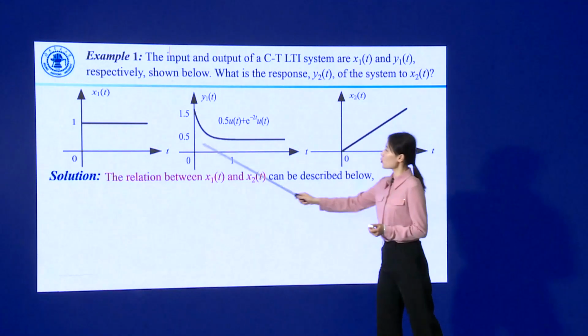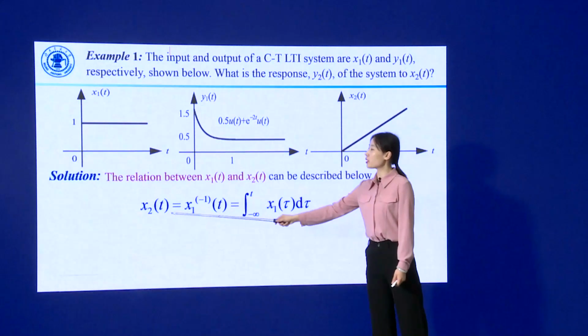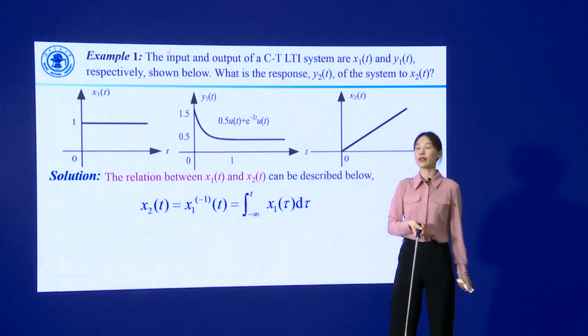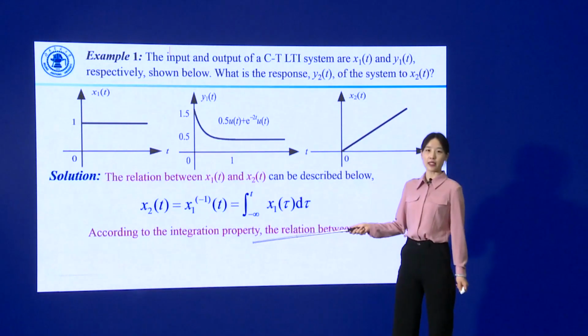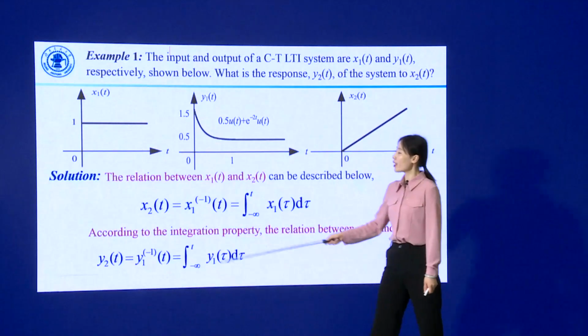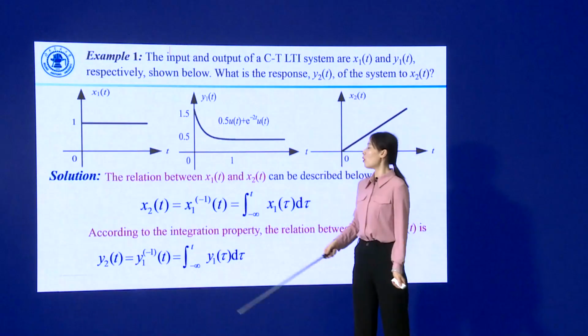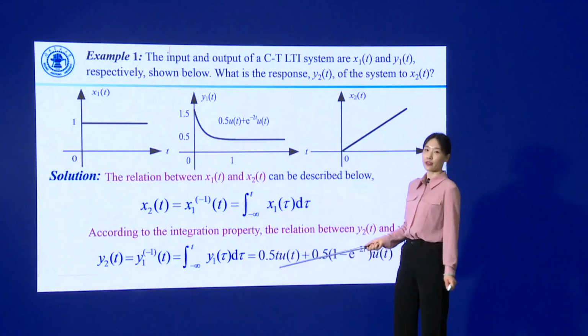Based on these two waveforms, we can find that s2(t) is the integration of s1(t). Thus, according to the integration property, we can get that y2(t) is also the integration of y1(t), and we can get the final result.